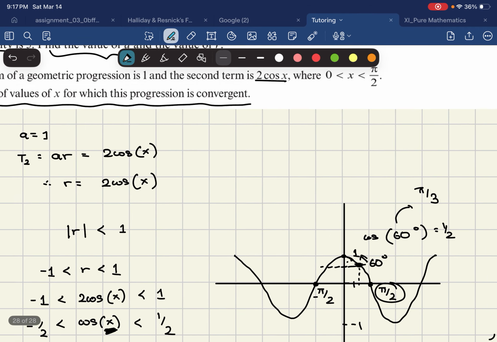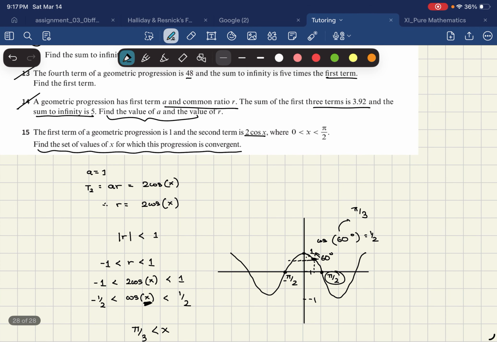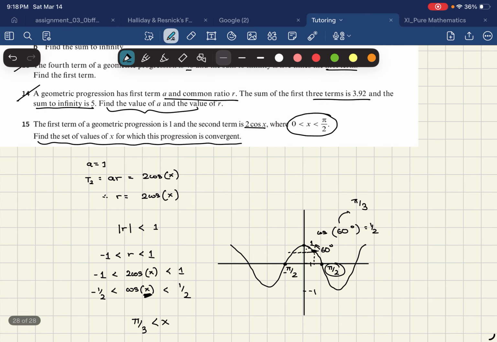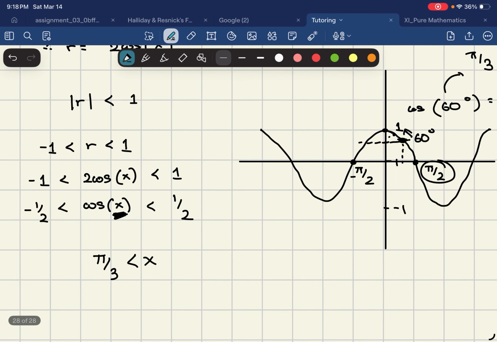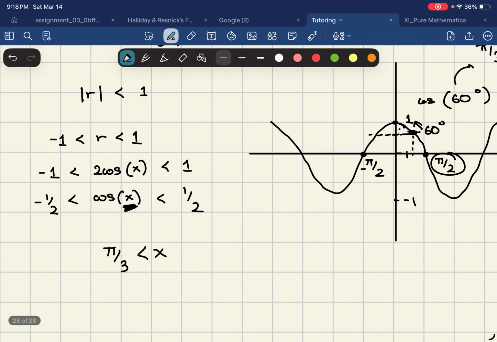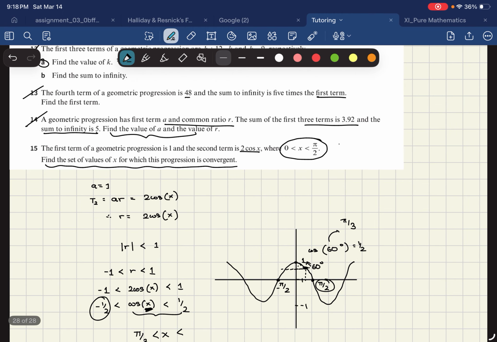And let's see. So we are given this range. Find the set of values for which this progression is convergent. All right. So x has to be bigger than pi by 3. We don't have to worry about the other side because we are only limited to the first quadrant, right?